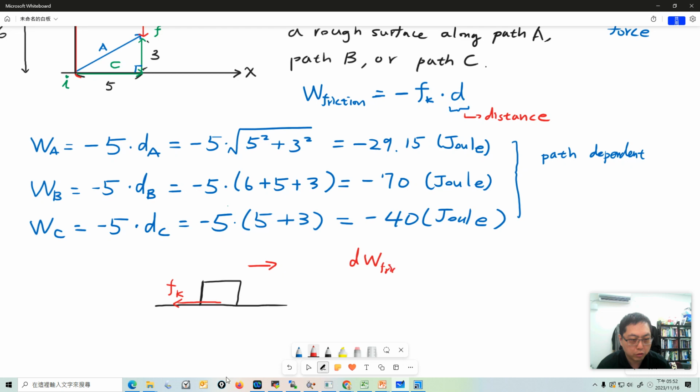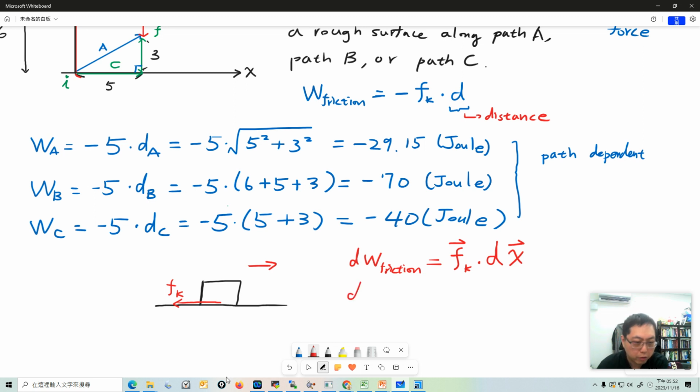The tiny work done by friction force equals the force dot product with the displacement, delta r. Because we are only in the positive direction, let's say delta x vector, and because tiny means delta x.